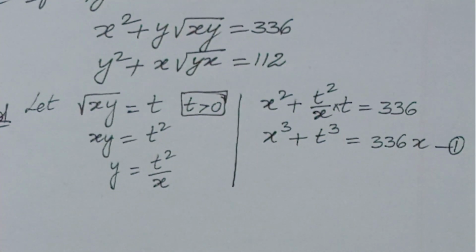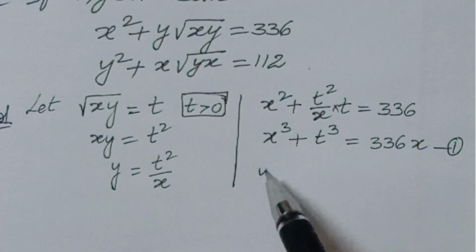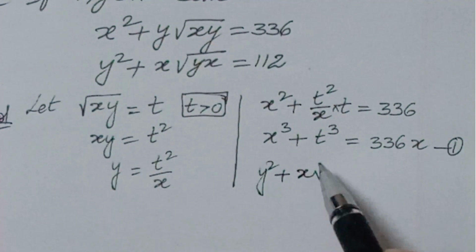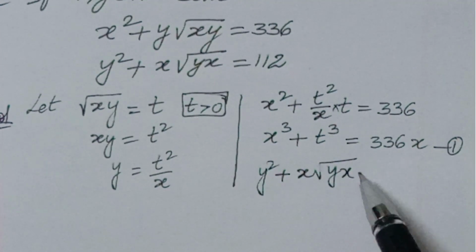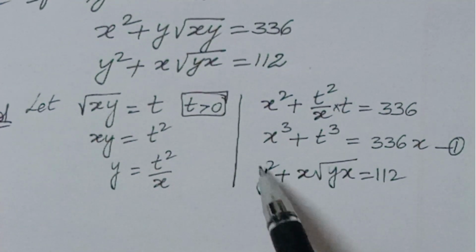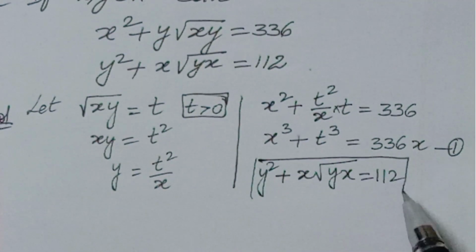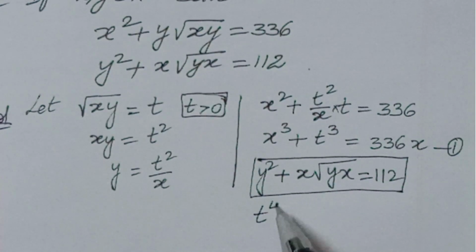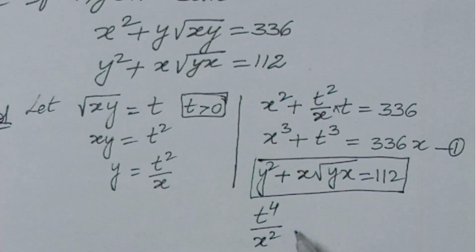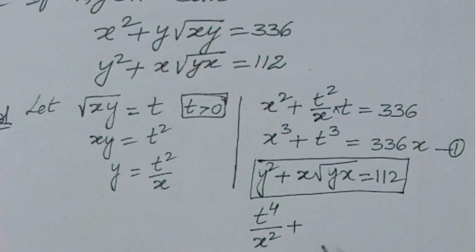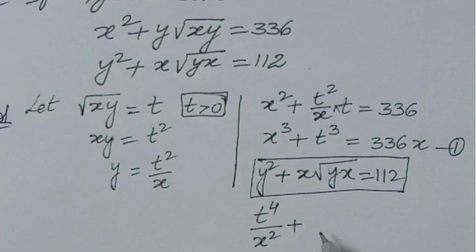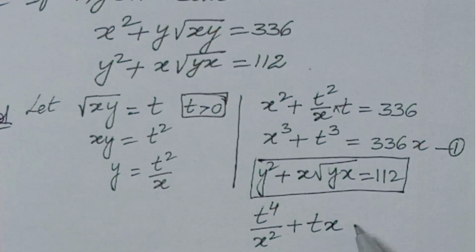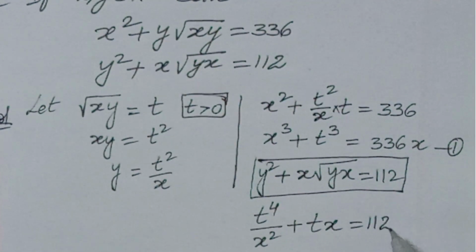Now if you go to the second one, y square plus x root of xy. This is equal to 112. Now here I will substitute the value of y. So here you'll get t power 4 by x square plus, here root xy is t, t into x equal to 112.